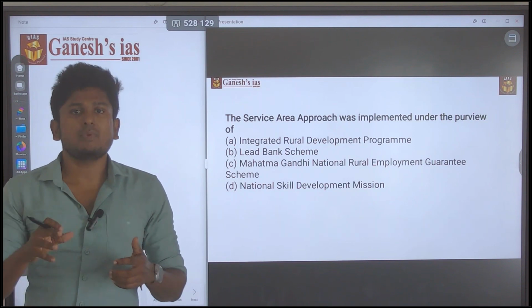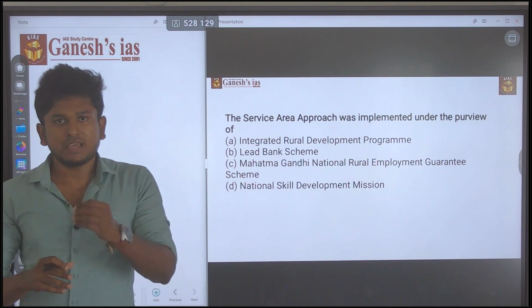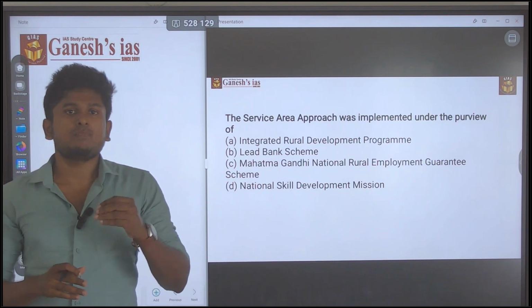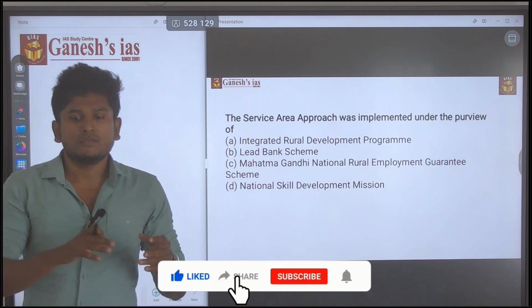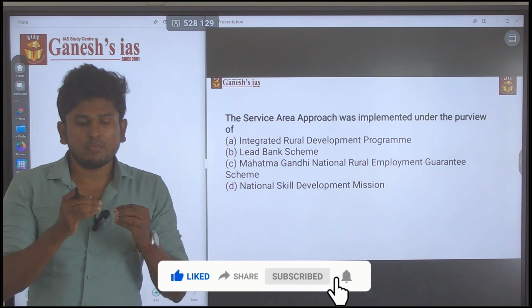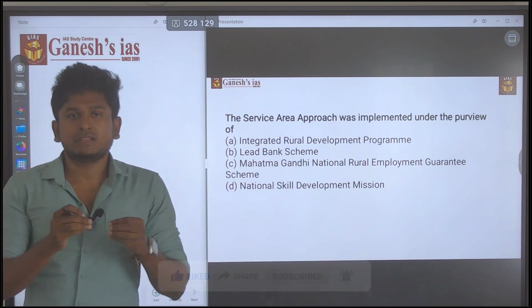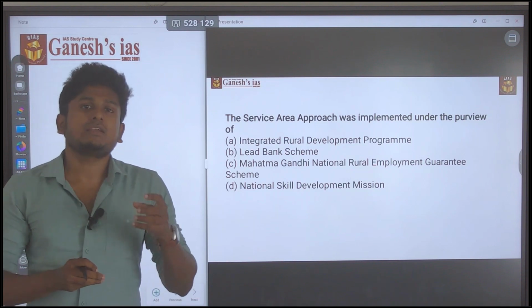This approach is called the service area approach, which means in any area they will designate a person as a lead. He will provide all the services with the help of the same people, the same mindset-aligned people. This is called a service area approach. It is like a voluntary scheme.